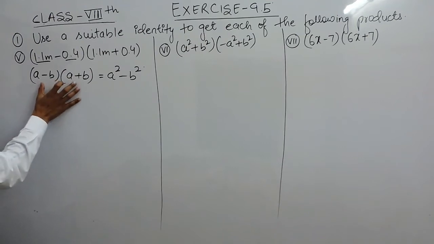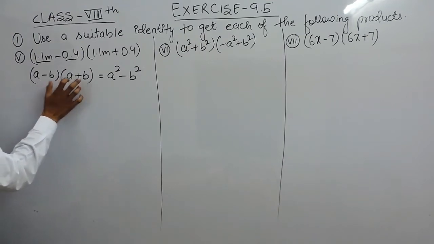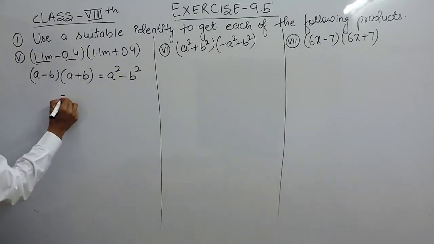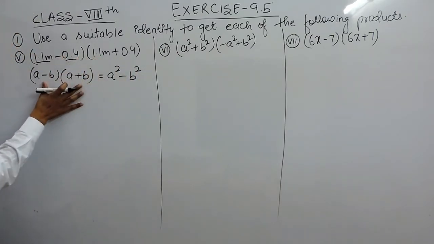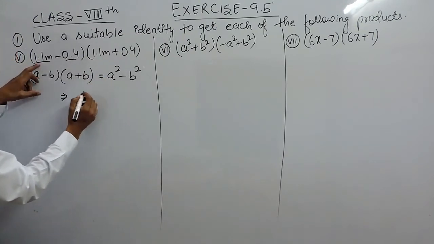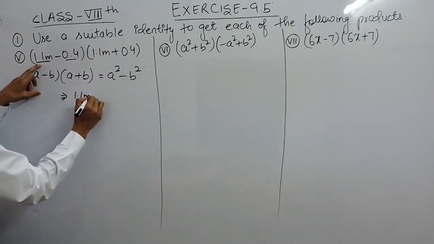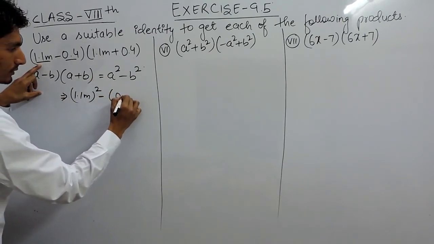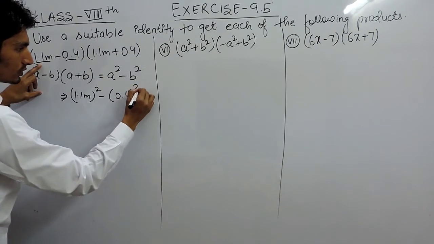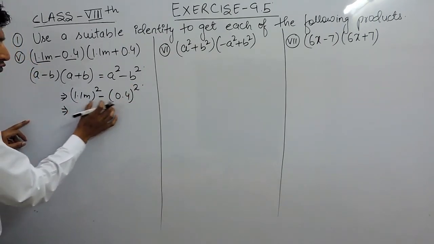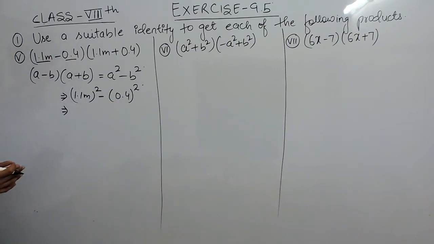Instead we can equate this with this, and this can be written as a square minus b square. So our a is 1.1 m, whole square, minus our b is 0.4, whole square. If we are able to solve this, we will get our answer.